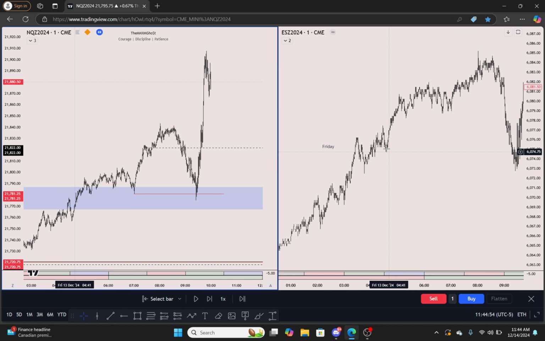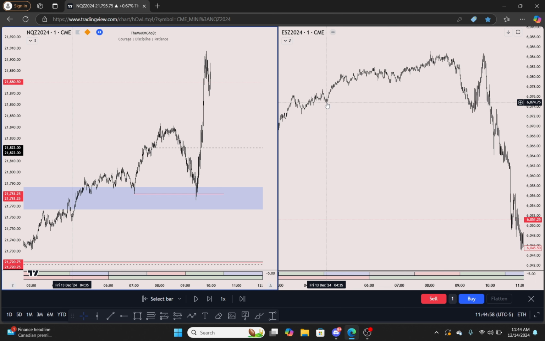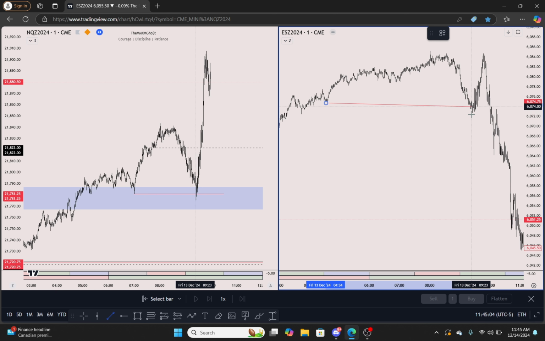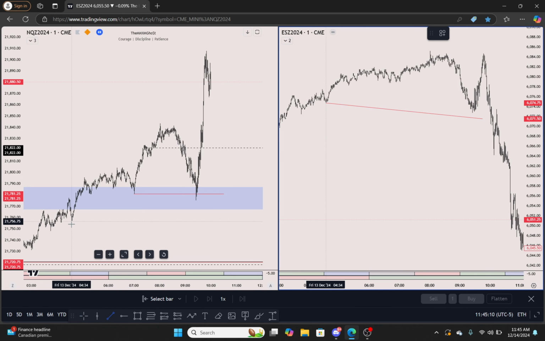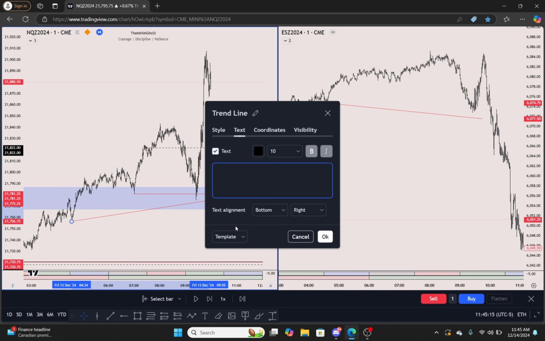Okay, so this low here on ES, we can clearly see ES takes the low. NQ, on the other hand, does not take the low.